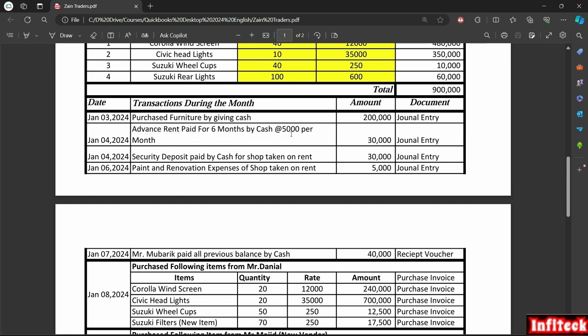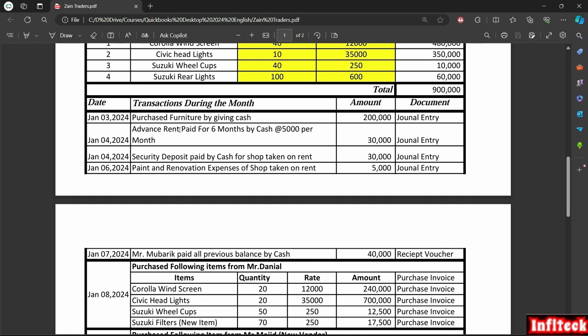Only the portion of that particular month will be considered as an expense, and that's also after the month completion, not at the starting. So at this point, when we are paying for 6 months, it will be considered as a prepaid asset. Later on, when we consume that part, only the portion will be converted to debit as an expense, and credit will be the prepaid rent.